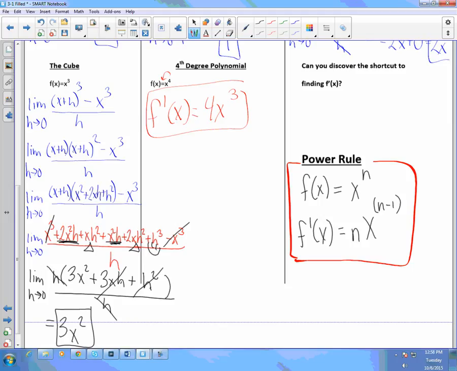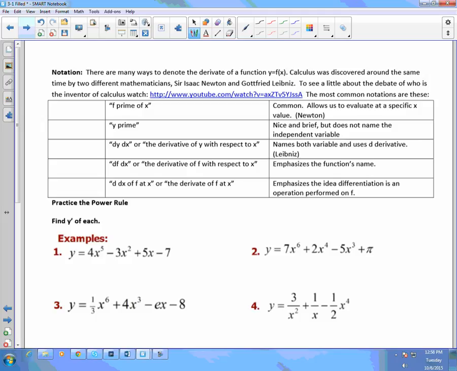Let's do it. Okay, so flip it over. We have a bunch of different notations. There are many ways to denote the derivative of a function.